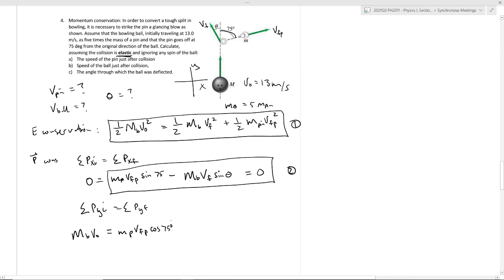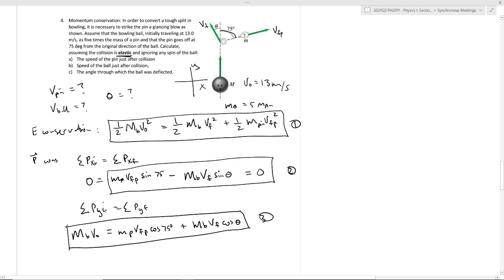That's the component of the pin momentum pointed in the y direction after the collision. And additionally, we would have the mass of the ball, v final, times cosine of theta, the component of the ball's final momentum pointed in the y direction.